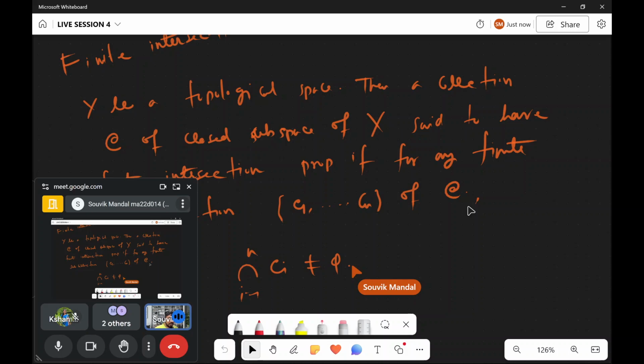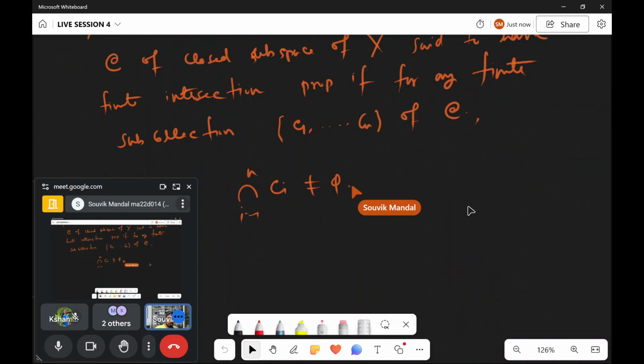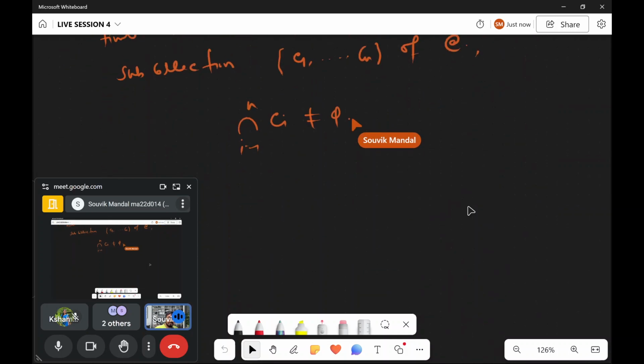So basically, if you consider any finite subcollection, their intersection will not be empty. There is nothing more to explain. Now, there is a fact which detects the compactness of a given space in terms of this finite intersection property. In short, people say FIP.